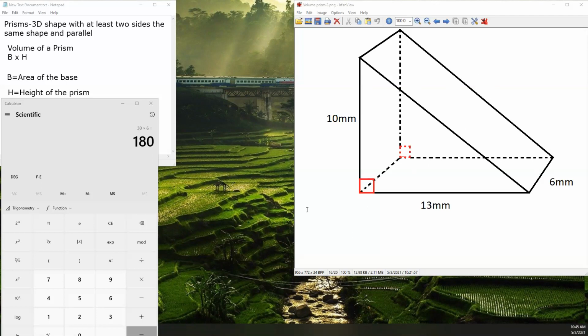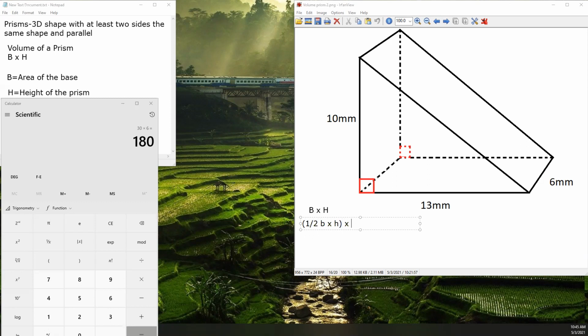All right. Well, regardless, the volume formula for this is still area of the base times height of the prism. But our base is a triangle, and triangles are 1/2. Area of a triangle is 1/2 base times height. I'm all over the place.